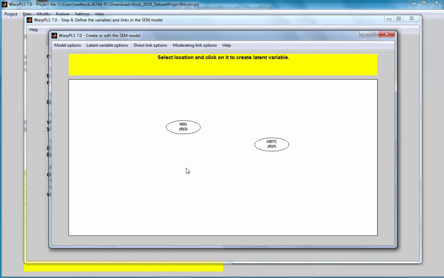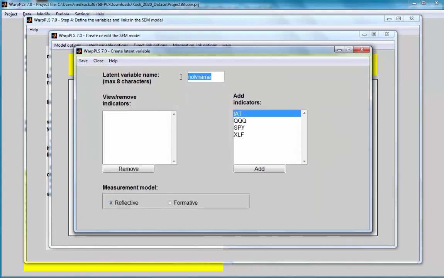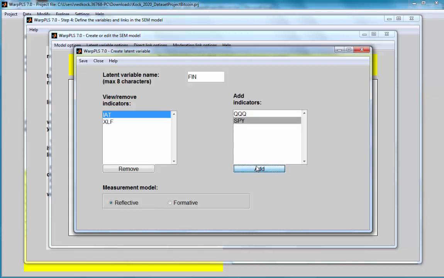I'll create another latent variable which will track financial institutions, and that will combine IAT, regional banks, and large financial institutions.